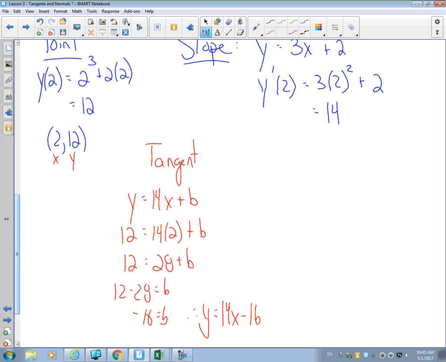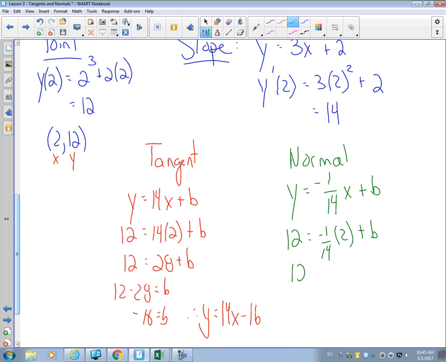And we're going to do the exact same thing for the normal, except I need the perpendicular slope this time. So if my slope was 14, its perpendicular would be negative. That's the opposite sign. And I flip it over. This one's a little bit messy because we've got fractions in here, but that's okay. We can use the fraction button on our calculator. And x is 2. We do the exact same procedure.